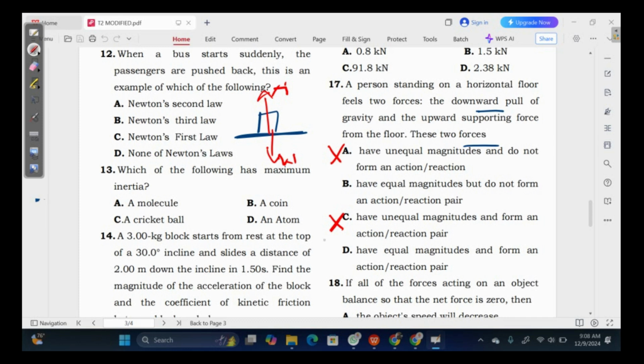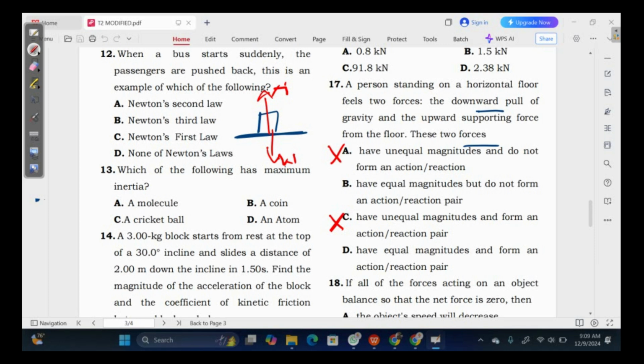What is happening here is this. When you are standing on the floor, the force that the floor is exerting on you, that is the normal force. The force that you yourself are exerting on the surface is the weight force.